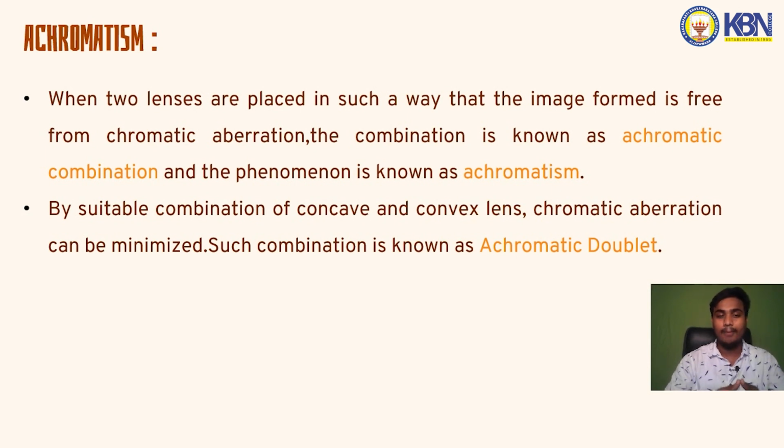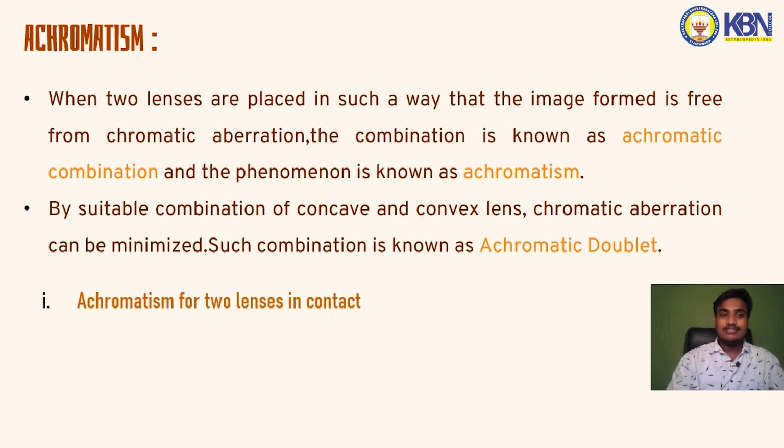Such a combination of concave and convex lenses, in such a way that the formed image is free from chromatic aberration, is known as the achromatic doublet. Achromatism is of two types. When two lenses are placed in contact, it is used as objectives in microscopes and telescopes.